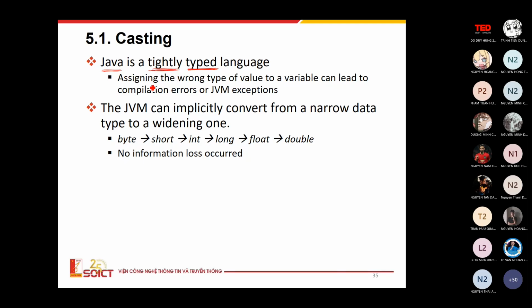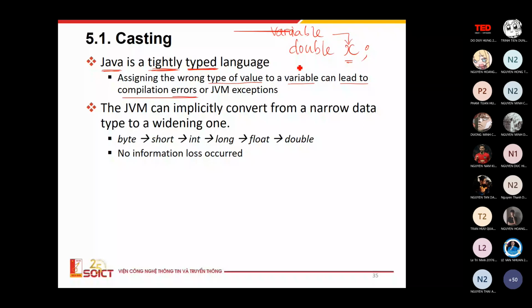That means if you assign a wrong type of value to a variable, it will lead to an error. Okay, for example, you have a variable. I define double x, for example. That means I have a variable x.